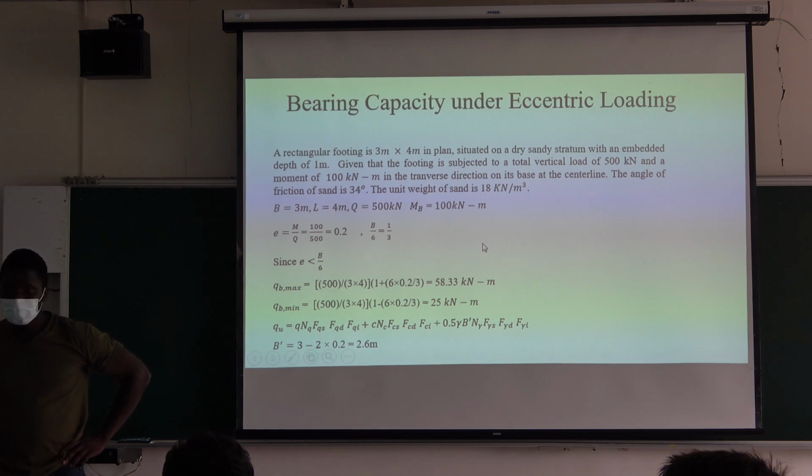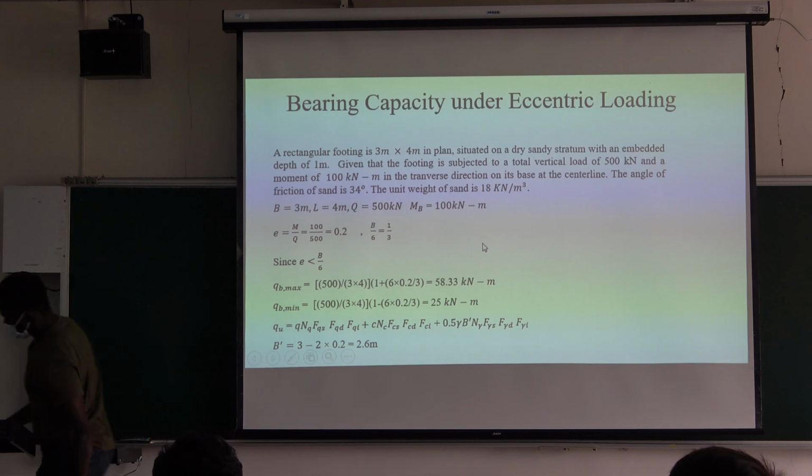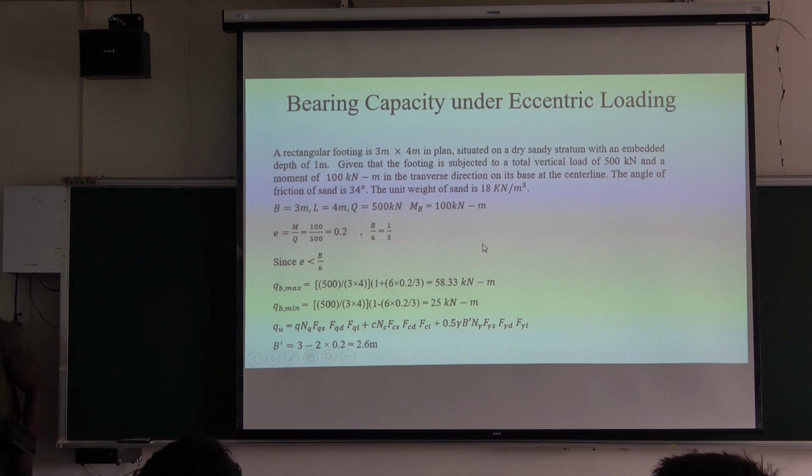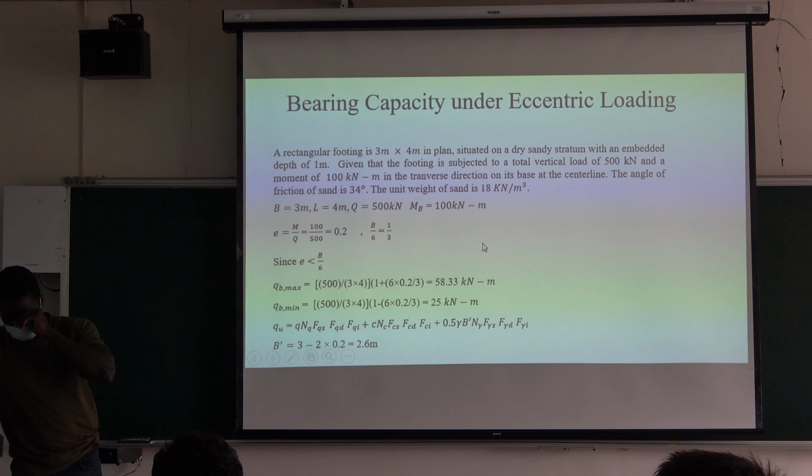How do we know that the eccentricity is either on the B side or the L side? I mean, in this problem, why do we assume the eccentricity is on the B side? Usually the question will specify. If they say it's in the transverse direction, that means it's along the width.